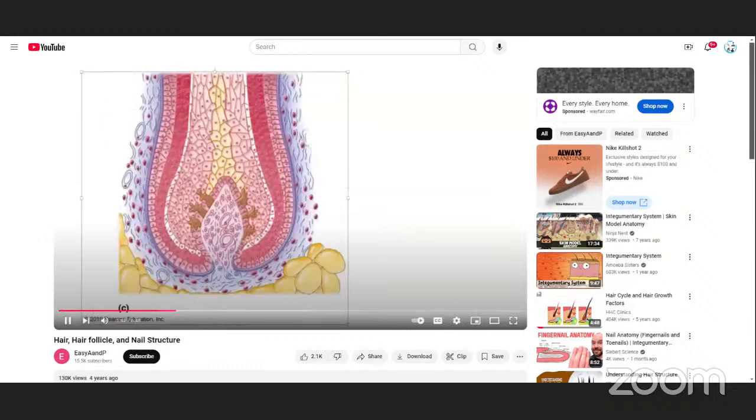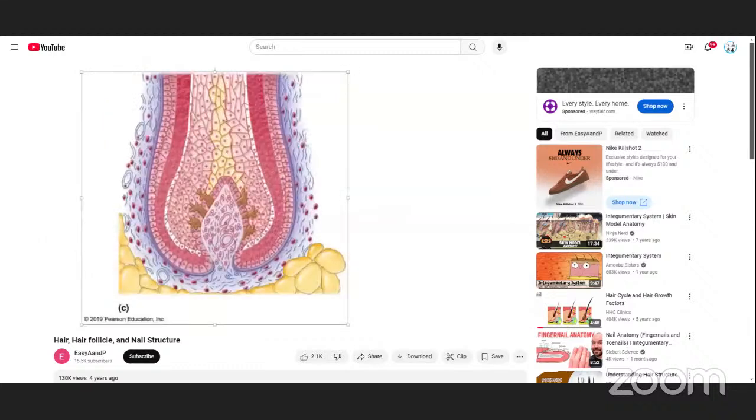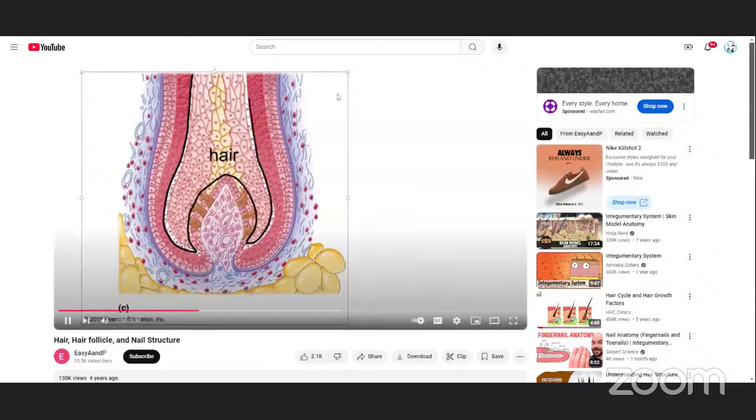Let's take a closer look at the bottom of a hair follicle to see some more detail. And so this white area that I'm outlining, that's the outer portion of the hair. Okay. Okay, and so this area is the actual hair. And then the pink area surrounding it and the blue area is the hair follicle. And so there are two parts of the hair follicle. There is the epithelial tissue that surrounds the hair. That part of the hair follicle is called the epithelial root sheath.